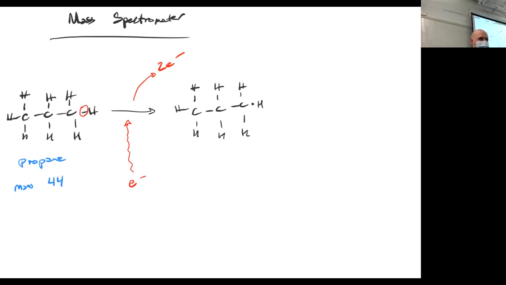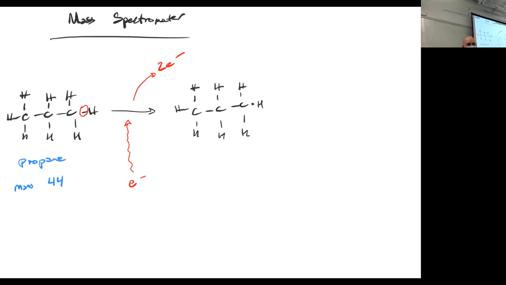But remember that going back to really early Gen Chem 1, the mass of an electron is so small compared to a neutron or a proton that for all intents and purposes, it's practically 0. So when we said that propane weighed 44, we were just counting the neutrons and the protons.